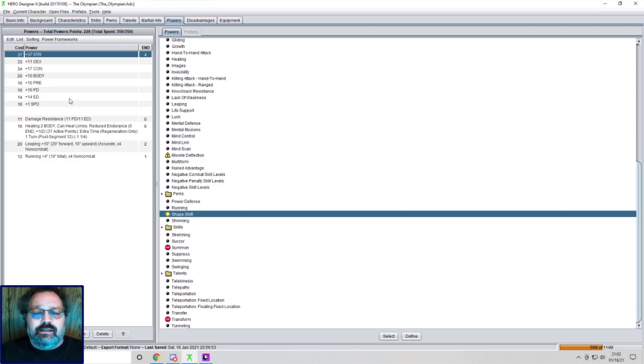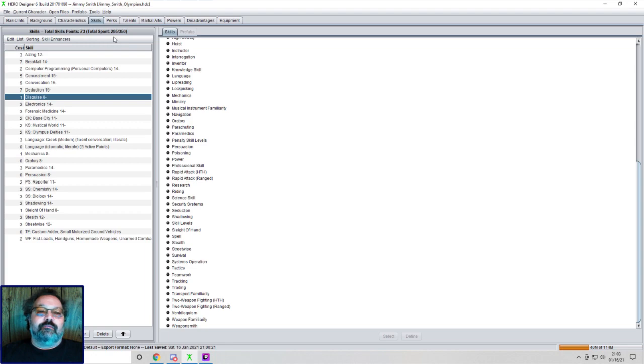You can adjust, for instance, the base points that the character contains. I could have, for instance, made Jimmy Smith with fewer base points, but then given the Olympian the higher number of base points, so that I didn't have to do all this juggling of making Jimmy Smith a 295 point normal.